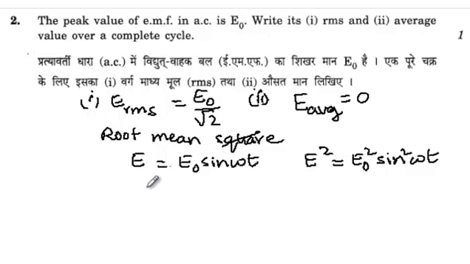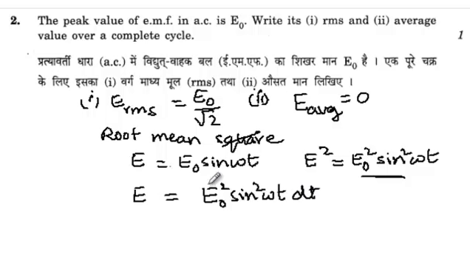Next, we need to find the mean. So, to find the mean of this quantity, we'll write this as E naught square sine square omega t and integrate this over the full time period from 0 to T, and then divide this by the time period.